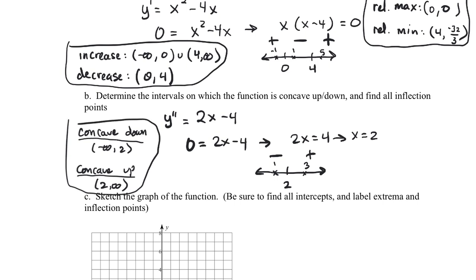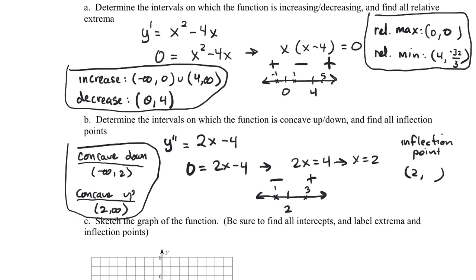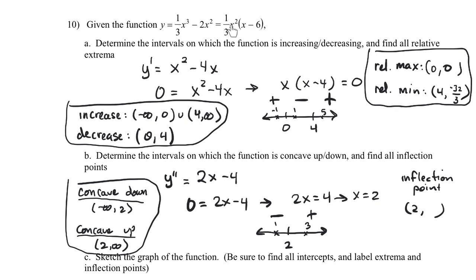The inflection point occurs because we're switching concavity, so the inflection point is when x is equal to 2. If we come back up to the original function and plug in x equals 2, we're going to have 2 squared is 4. 4 times 1/3 is 4/3. 2 minus 6 is -4, so 4/3 times -4 is -16/3.